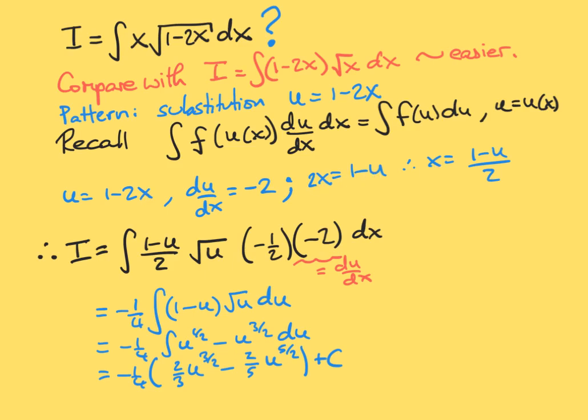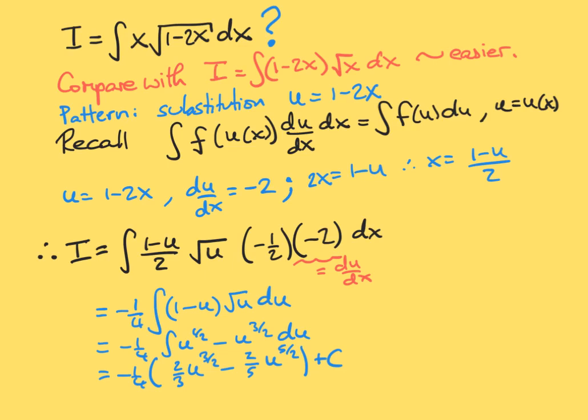It tells us then that x, dividing both sides by 2, is 1 minus u all over 2. So our original integrand can be rewritten as 1 minus u over 2, that's the x, times the square root of u, because this was defined to be u, that was the whole point of this substitution.